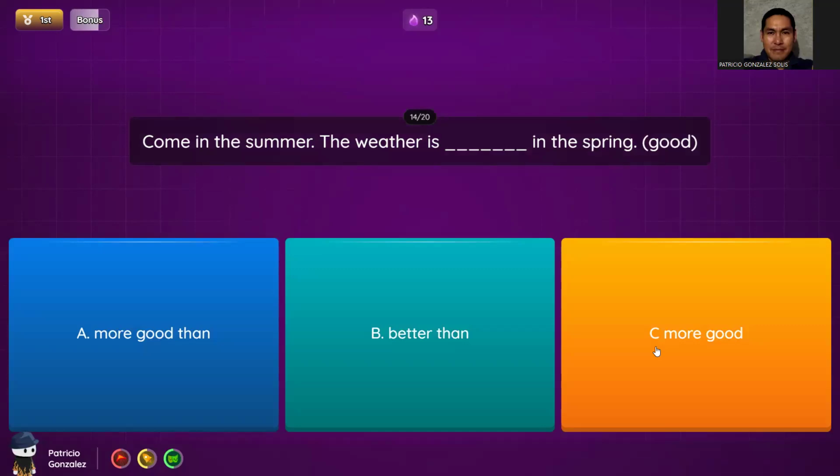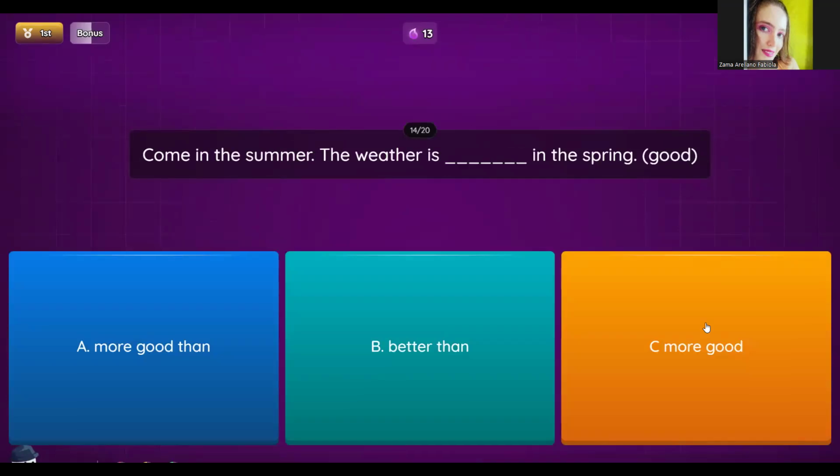Now, weather. Can you please? Coming the summer, the weather is better than, more good in the spring. More good than, or better?